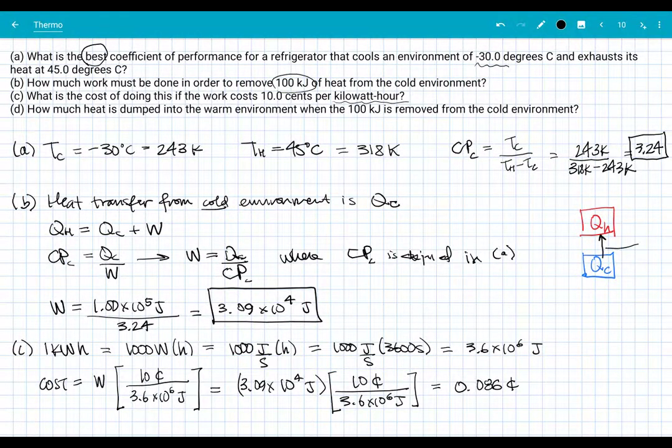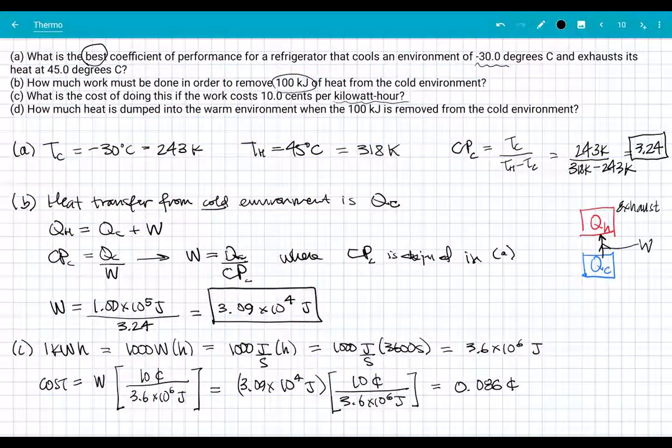To make that happen, we need to add work to the situation. So QH, the exhaust in this context, is not just going to equal QC, the heat transferred out of the lasagna or whatever. It's going to be QC plus whatever work it took to make that happen. That's what we're being asked for in this next part.